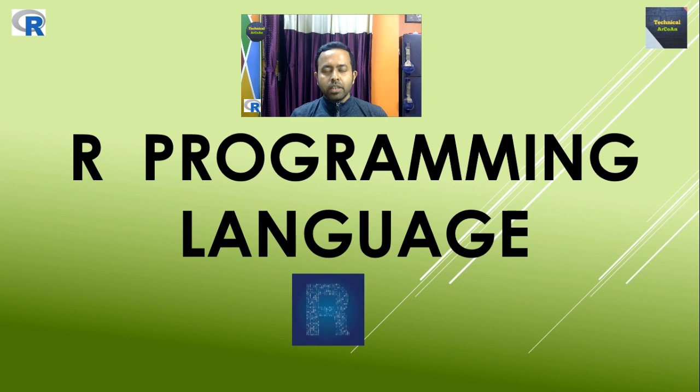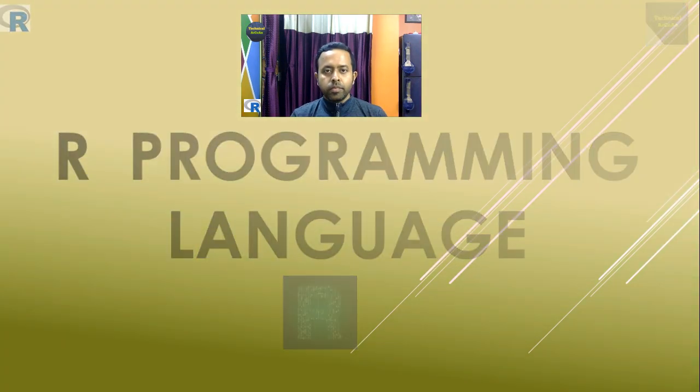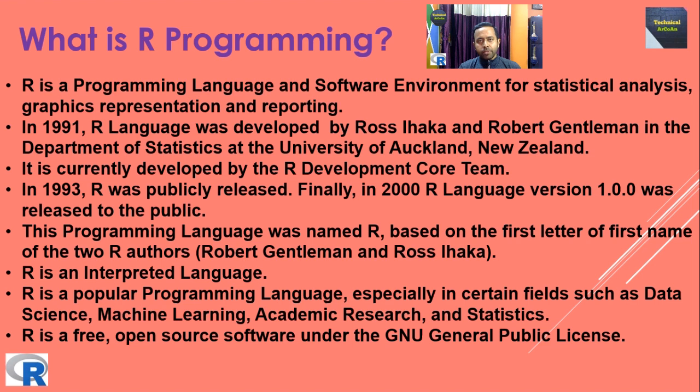Hi friends, today I will discuss the R programming language, and this is the introduction video on the R language. So at first we should know what R programming is. R is a programming language and software environment for statistical analysis, graphics representation and reporting.